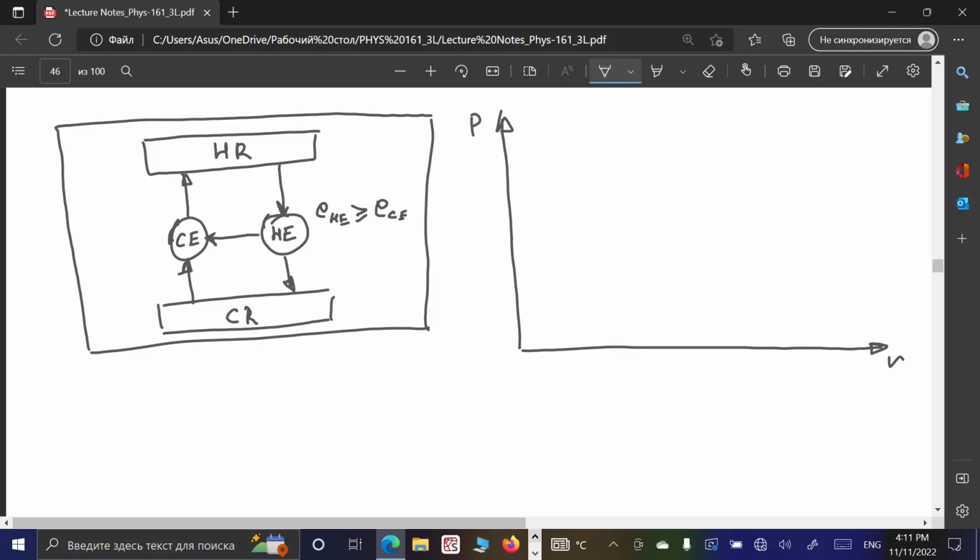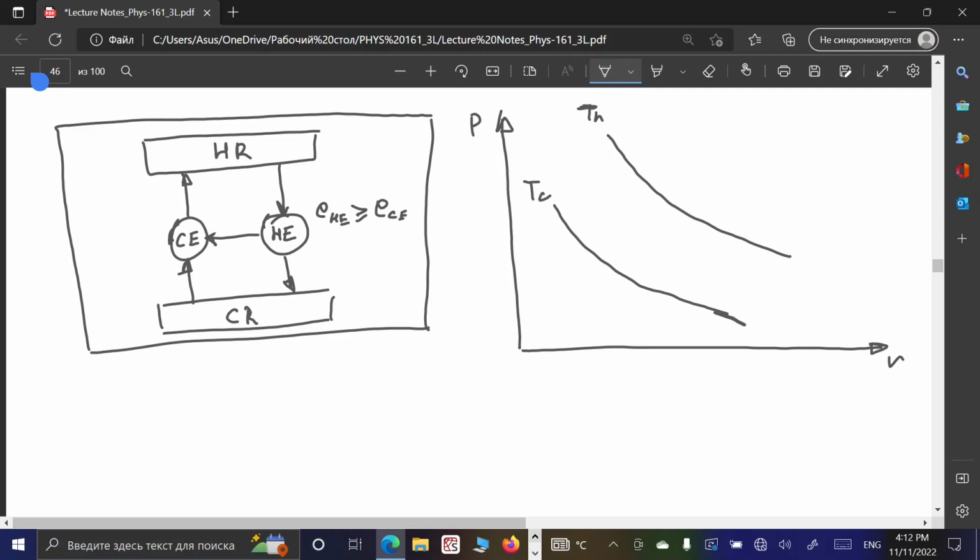For convenience we show two isothermal processes, two isothermal curves. Each of these curves corresponds to some constant temperature, so TH and TC, the temperature of the hot and cold reservoir.